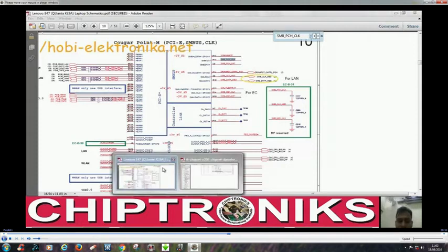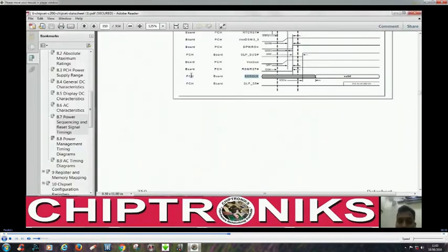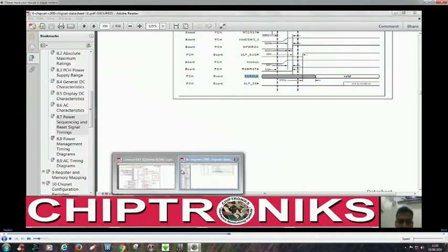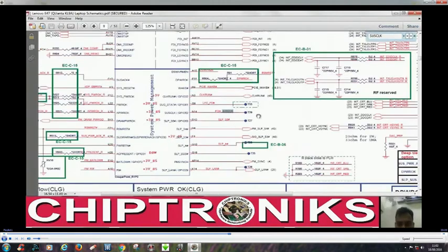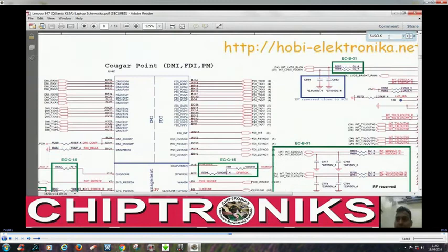So the PCH generates the SUS clock. Here you can see in this board, if you search SUS clock, it is not connected to the motherboard, but this SUS clock is internally connected with the assembly section.